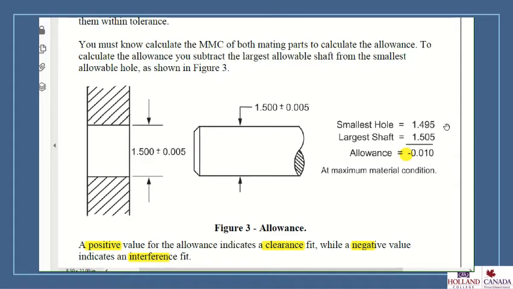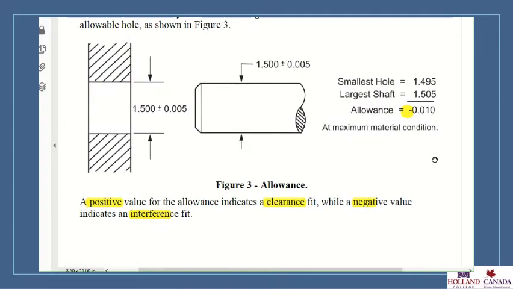So these are our two dimensions at maximum material condition. Our allowance ends up being negative 0.010 at maximum material condition. A positive value for the allowance indicates a clearance fit, while a negative value indicates an interference fit. So in this case, at their maximum material conditions, we're going to have an interference fit of 0.010.